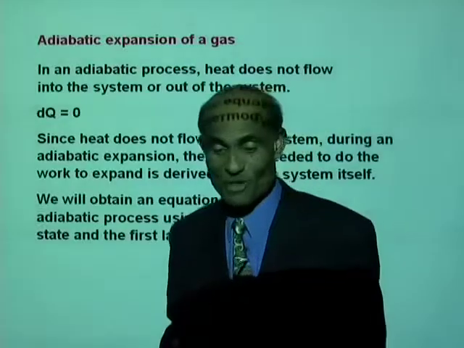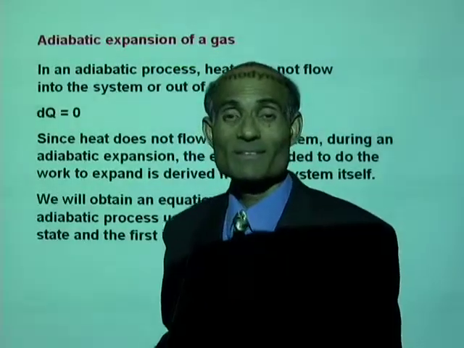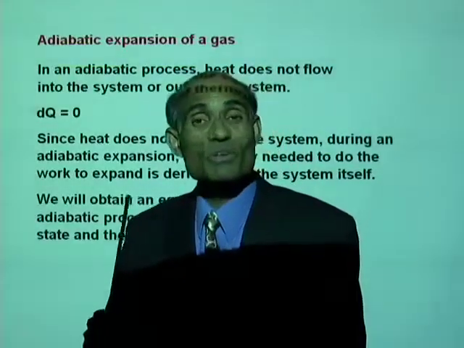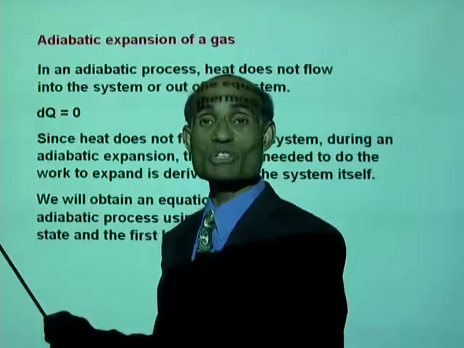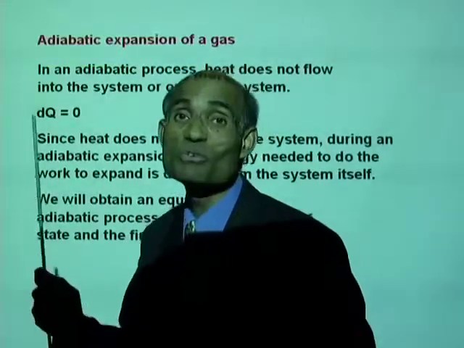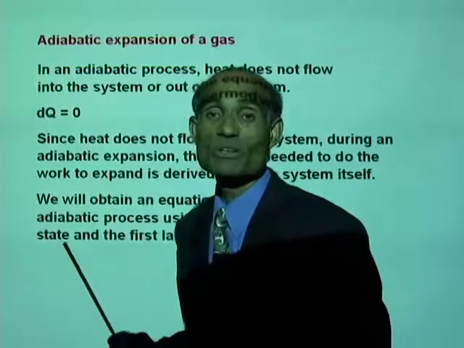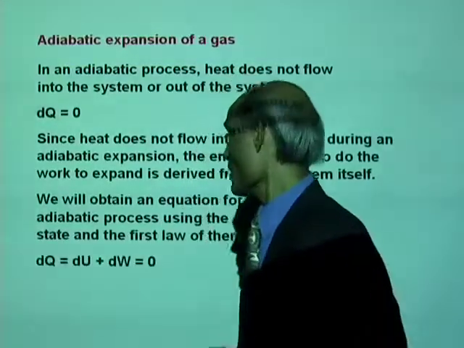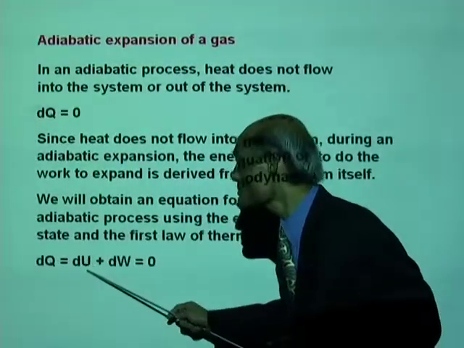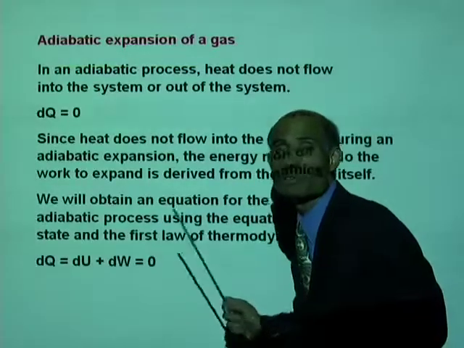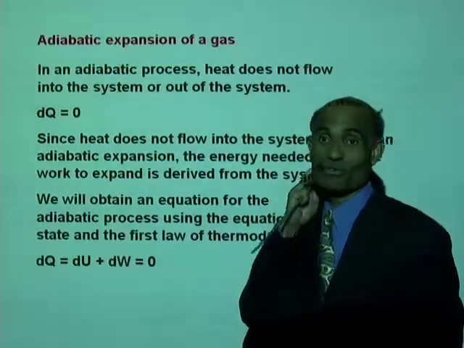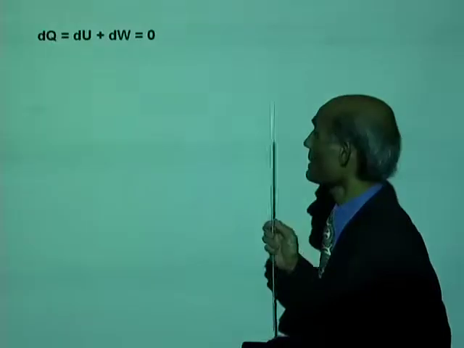Anybody know what the first law of thermodynamics is? Yes? dq equal to du plus dw. And what is dq for an adiabatic expansion? Is 0. Alright, so dq equal to du plus dw equal to 0 for an adiabatic process.